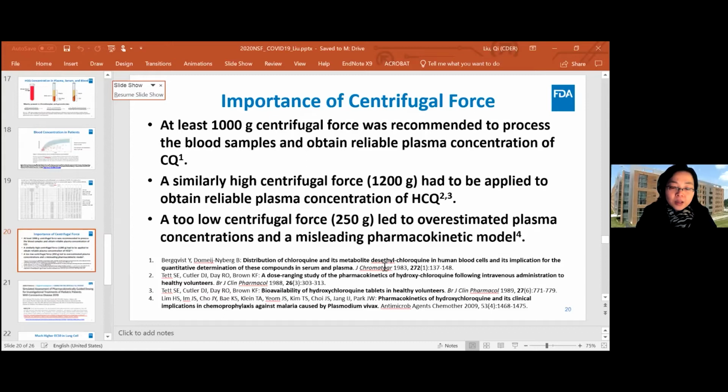As a result, this problematic PPK model combined with the inappropriate lung tissue concentration led to the conclusion that even 10 milligrams of hydroxychloroquine could generate a high enough in vivo concentration for the antiviral effect. In fact, multiple papers relied on this misleading PK model to predict hydroxychloroquine plasma concentration. So it is really critical to use reliable data to check the validity of the reported model before directly using it for prediction.